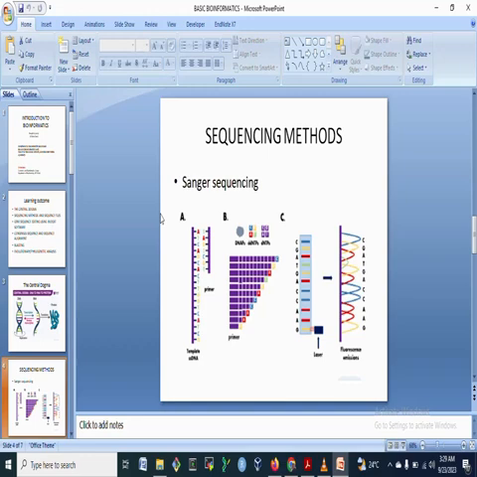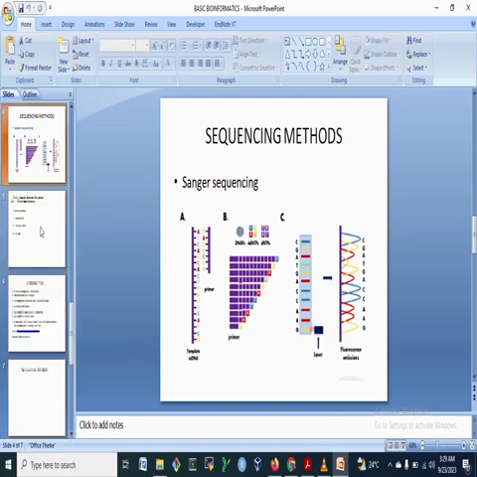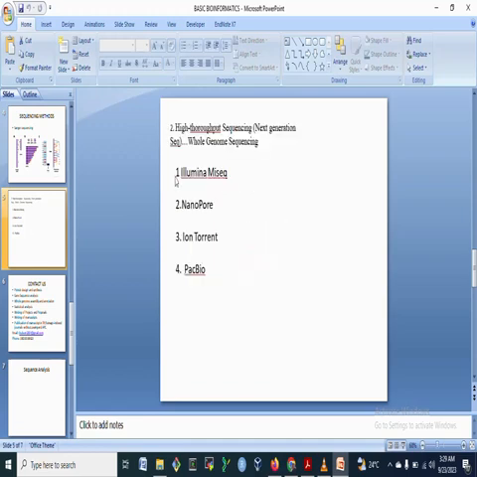In order to sequence a whole genome, maybe the whole genome of a bacterium that is up to about 5 mega base pairs, you need to use much more advanced techniques referred to as high throughput sequencing.